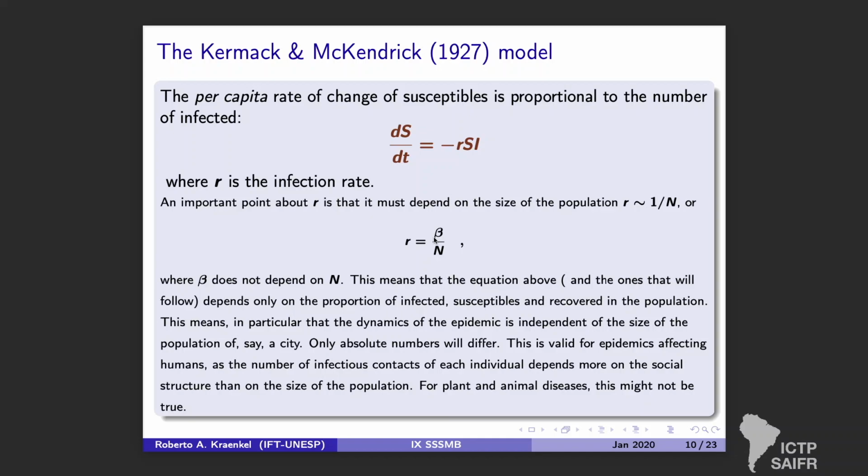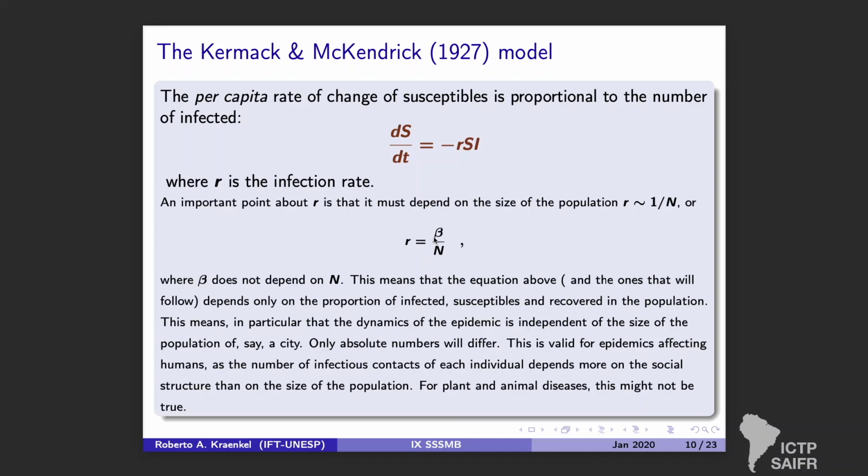Now, we should take R as depending on the size of the population. So we will write this as beta over N. Why?